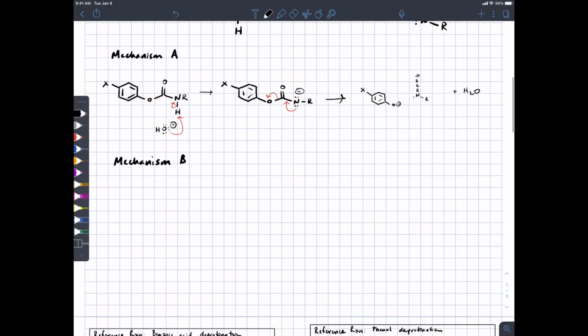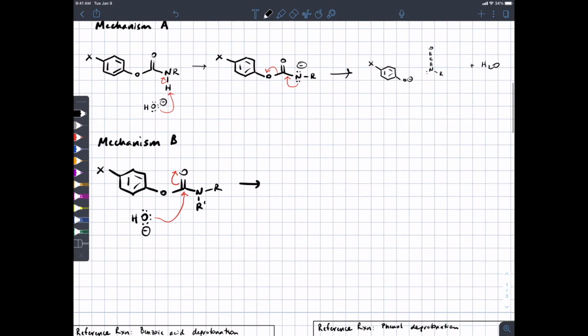Naturally, if you altered your structure such that you had an R group here and an R group there, well, friends, then there's no hydrogen on that nitrogen to remove, and so we attack the carbonyl carbon. We get the familiar tetrahedral intermediate that we maybe originally expected.